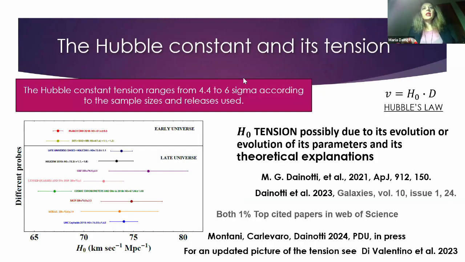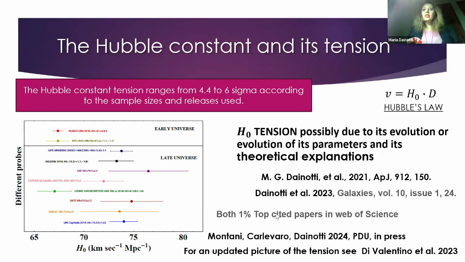Then we have had to face for almost a decade the severe problem of the Hubble constant tension, which says that there is a discrepancy between the values of the Hubble constant from the early universe and the late universe, which, as we can see here in this sketch, ranges from values around 65 up to values around 77 if we also consider the error bars.